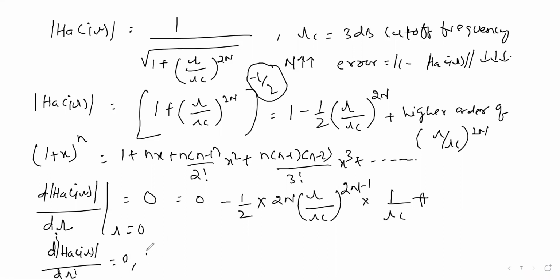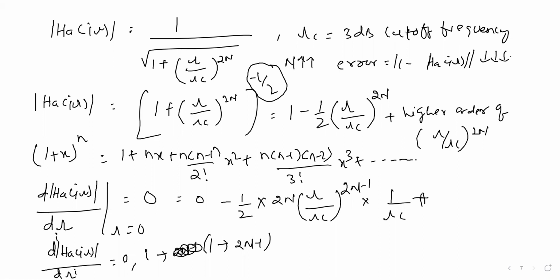This is 0 for i equals 2n minus 1. Yes or not? Or we can say like this, for i equals 1 to 2n minus 1. After that what will happen? You will get some constant value. Yes or not? All of you?